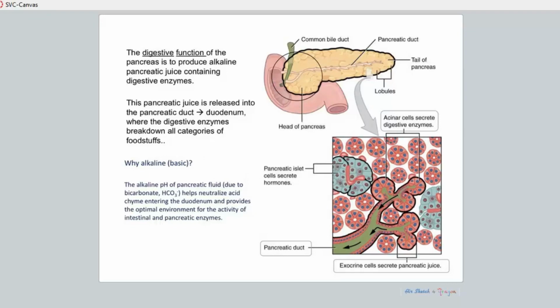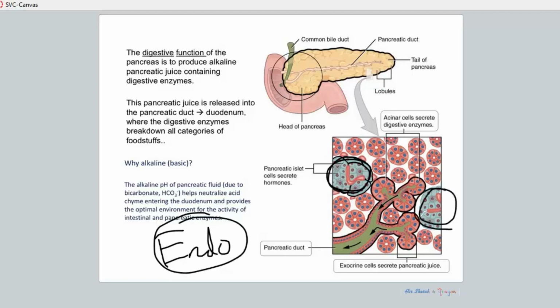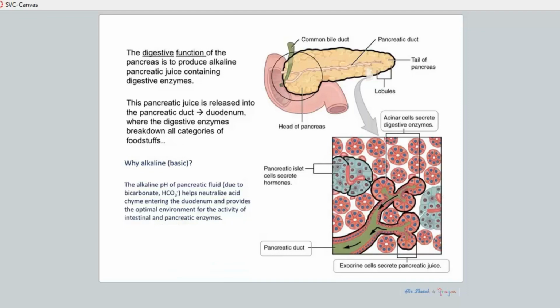Now the pancreas does have an endocrine function, releasing stuff into the blood supply, and that has to do with these cells right there producing insulin and glucagon, but we'll talk about that in the next section. But if we look here, these cells right there, what shape are those cells? What type of epithelial cells are those?